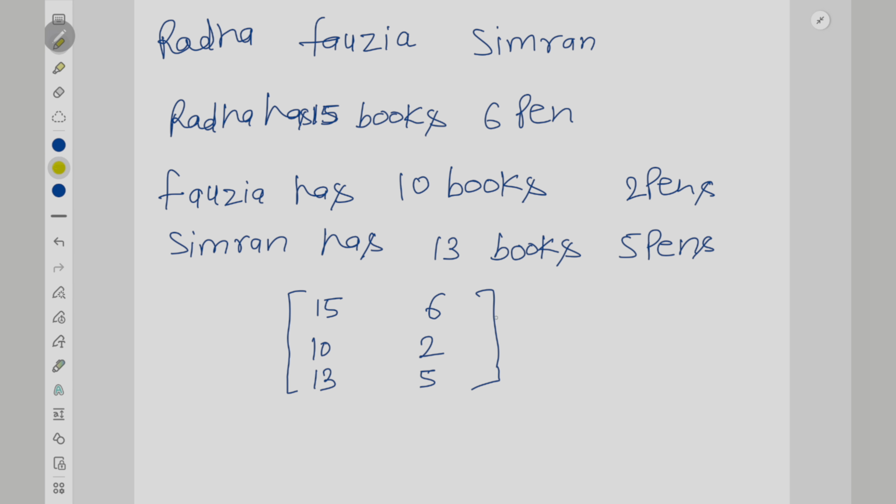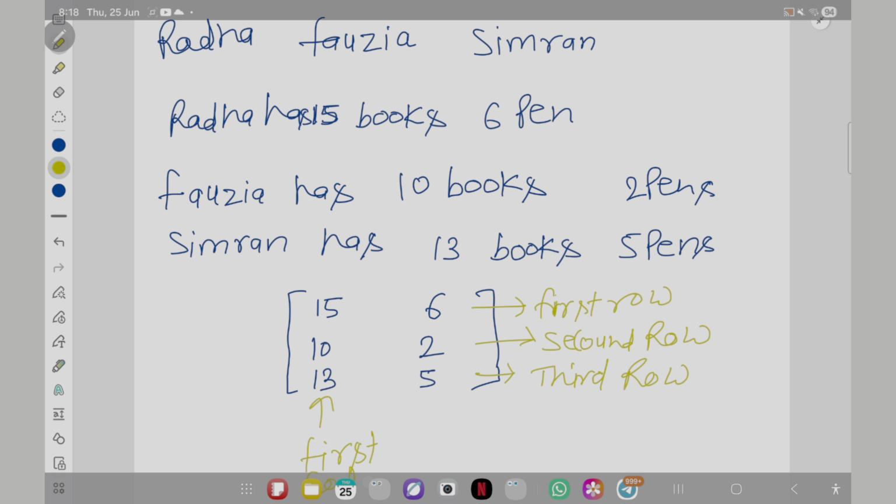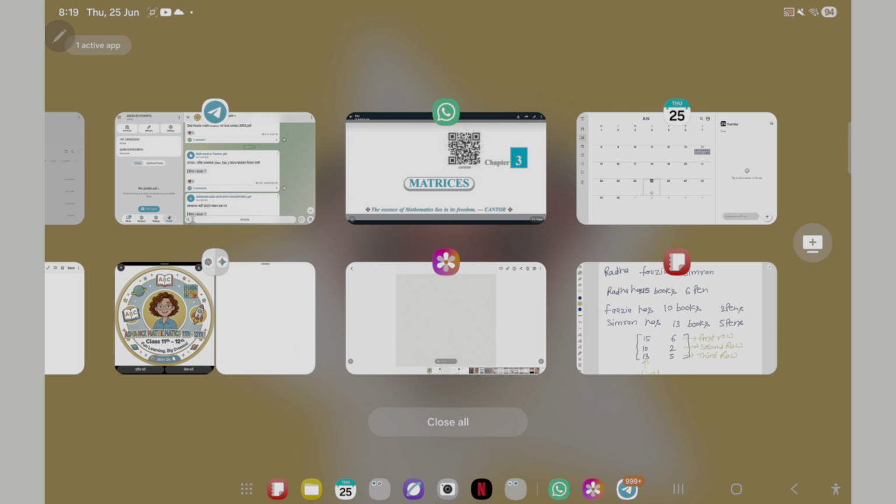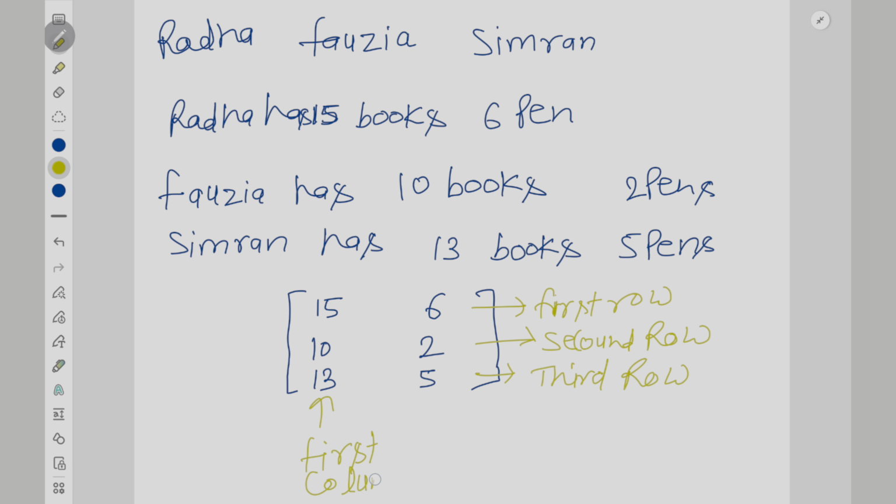This is the first row, and this is the second row, and this is the third row, and this is the first column, and this is the second column. This is a matrix representation.